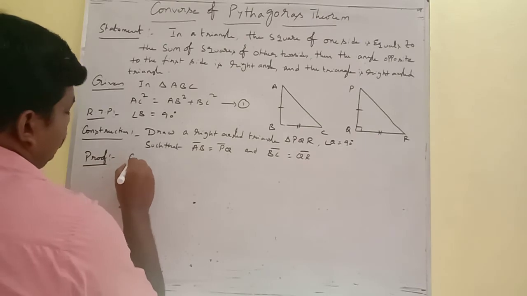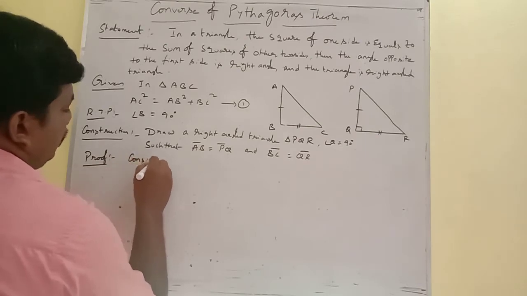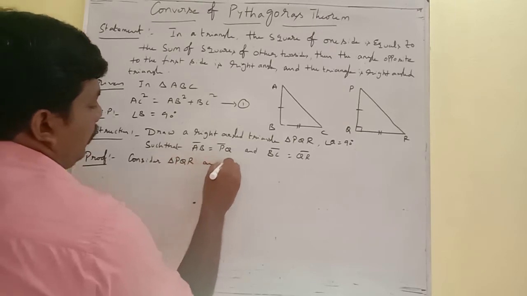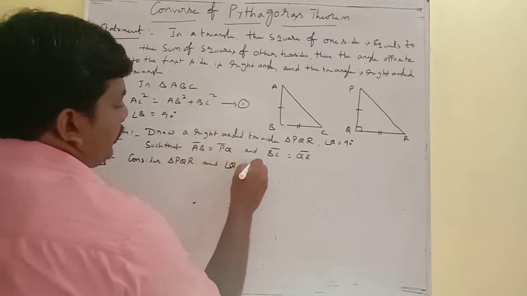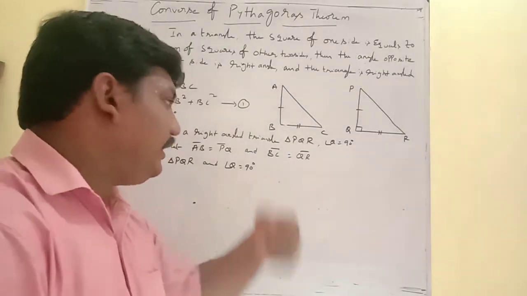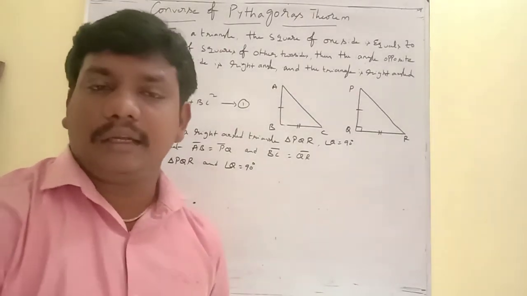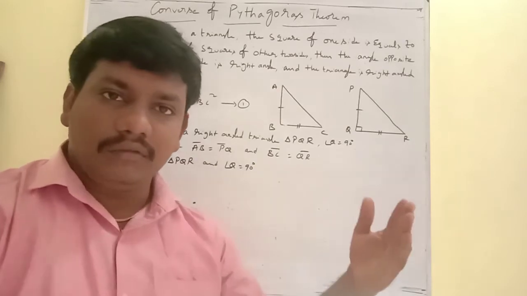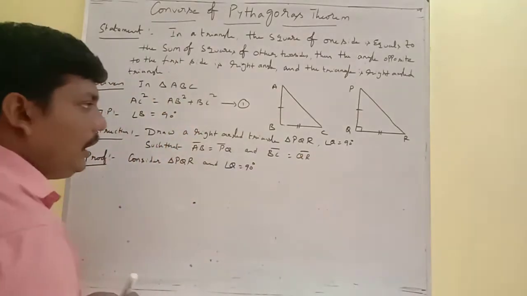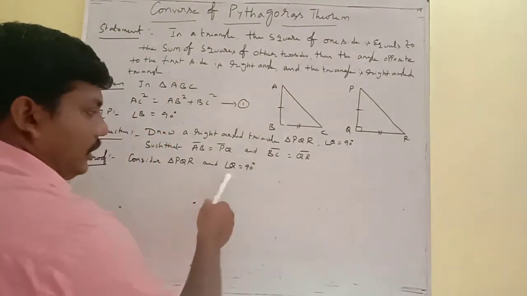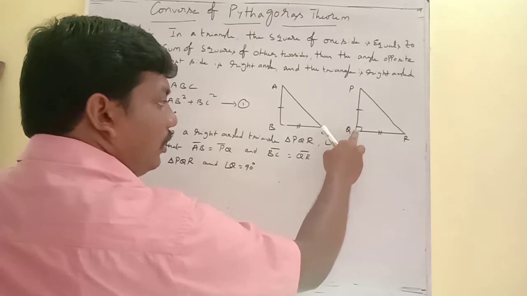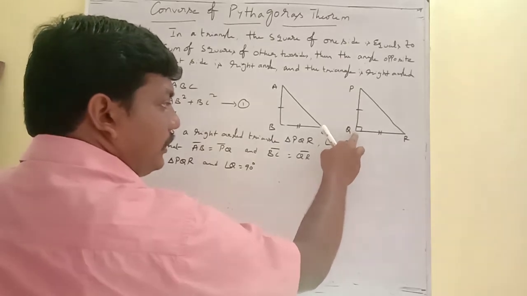Consider triangle PQR, where angle Q is equal to 90 degrees. In a right angle triangle, according to Pythagoras theorem, the square of the hypotenuse is equal to the sum of the squares of the other two sides. What is the hypotenuse here? Angle Q is equal to 90 degrees, and the side opposite to the 90 degrees is called the hypotenuse.